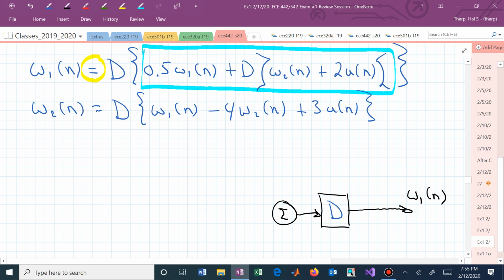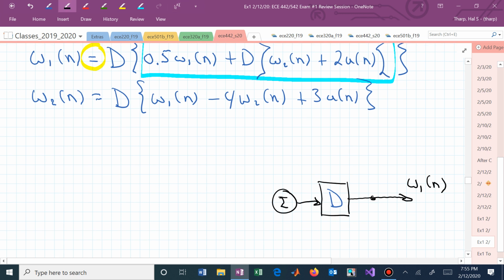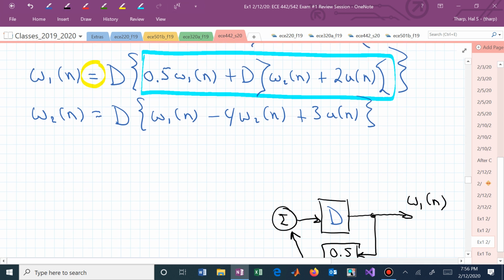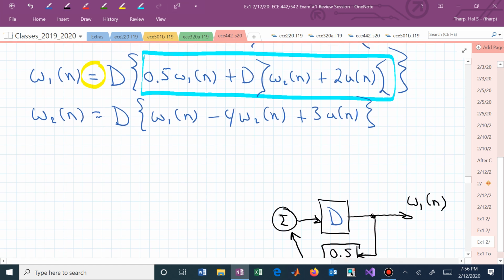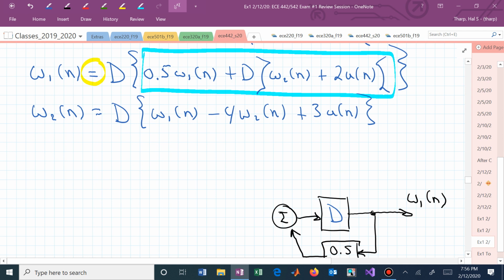And this now needs to be 0.5 W1 of n. What else is it? Well, I need the next signal to actually be another delay block's output.